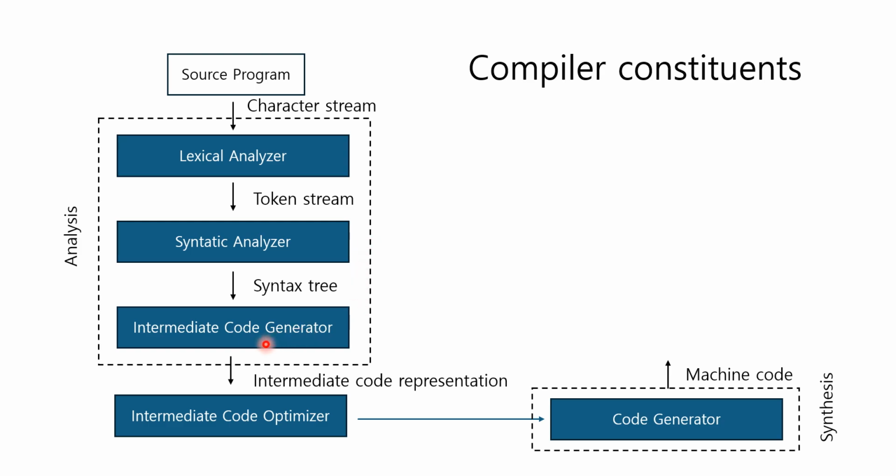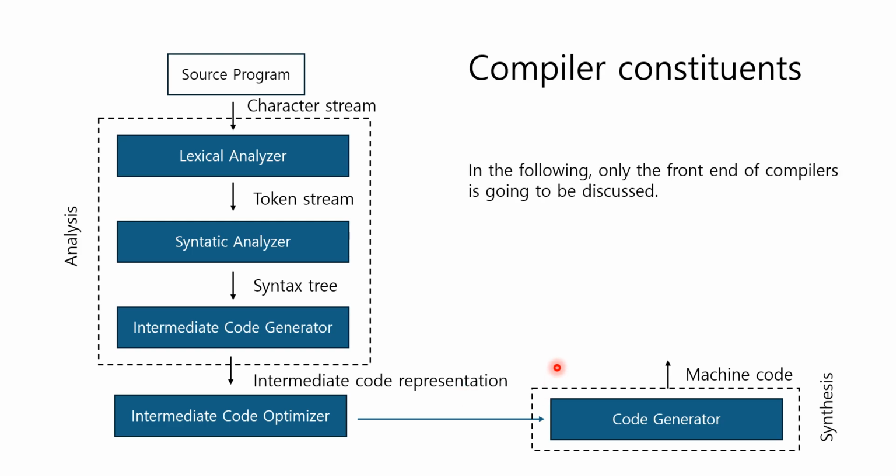The intermediate code generator generates the intermediate code representation from the syntax tree, and the intermediate code optimizer optimizes the intermediate code representation to pass it to the code generator, and the code generator generates the machine code from the intermediate code representation. In the following, I'm going to be discussing the front end of compilers.